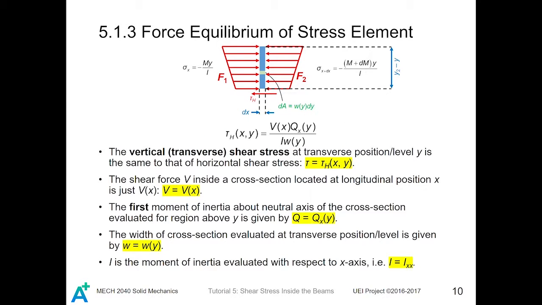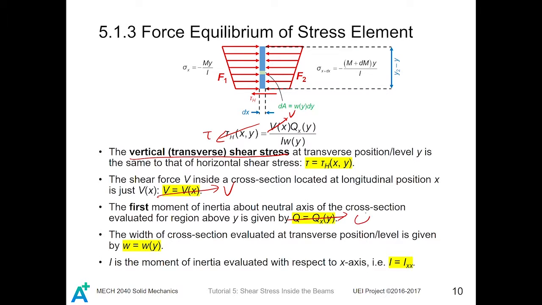The first observation is that the vertical shear stress is equal to the horizontal shear stress. Then tau h just becomes tau. Also, the shear force inside the cross-section is just the shear force, which is V. The first moment of area, we just use another notation to simplify it.